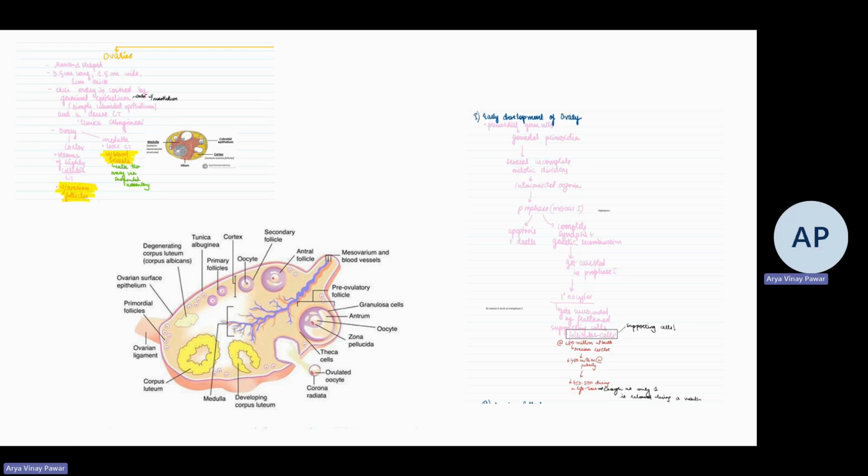So what happens is we have the gonadal primordia, which is essentially cells that form the ovary. They undergo several incomplete mitotic divisions, and because of this they are all interconnected. Now this interconnected oogonia gets arrested in prophase 1 of meiosis 1.